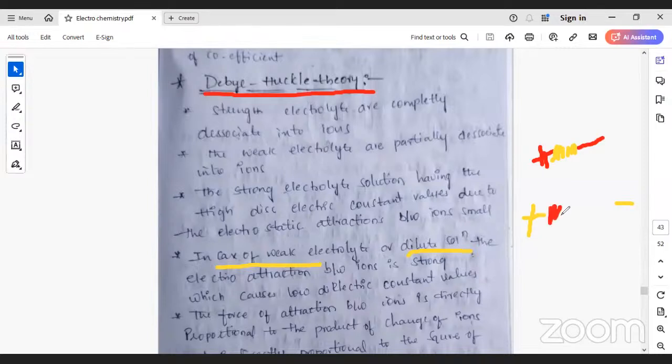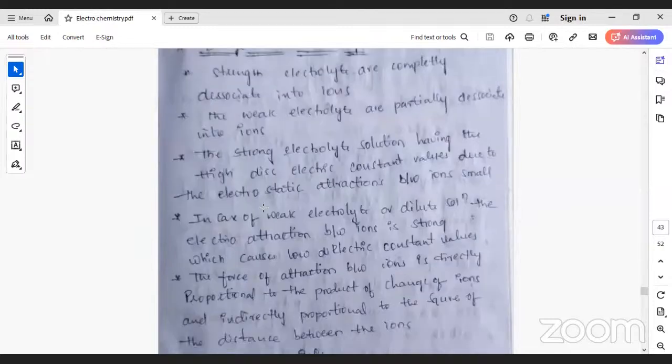So this is the difference between strong electrolytes and weak electrolytes, based on dielectric constant values and dissociation nature.